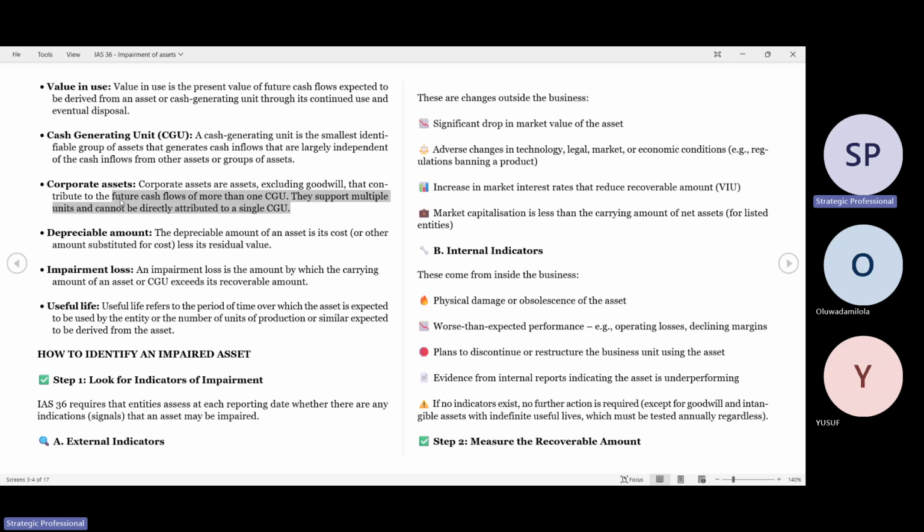Then what is depreciable amount? Depreciable amount is your cost less residual value. That's what we call depreciable amount.